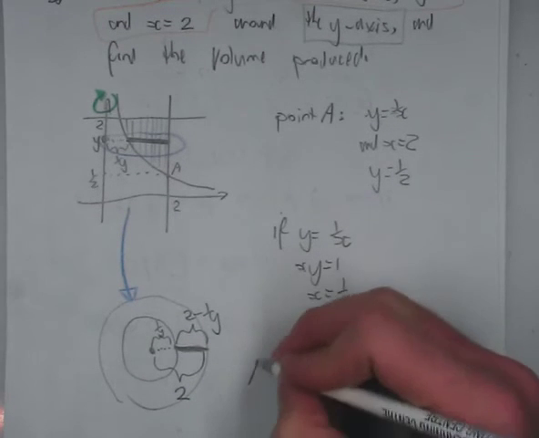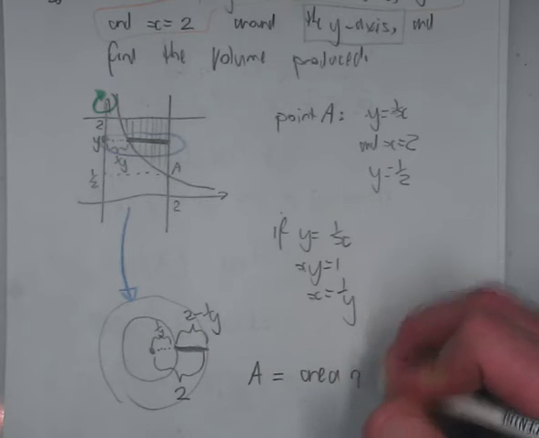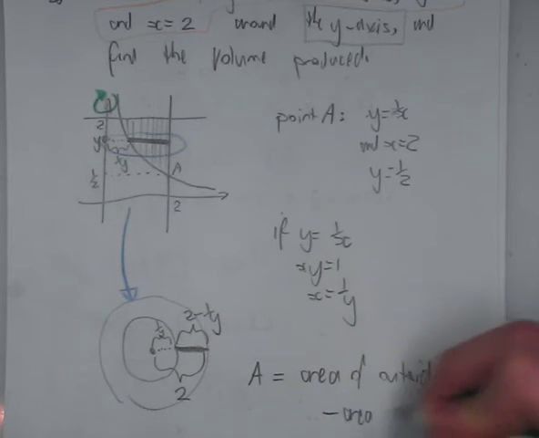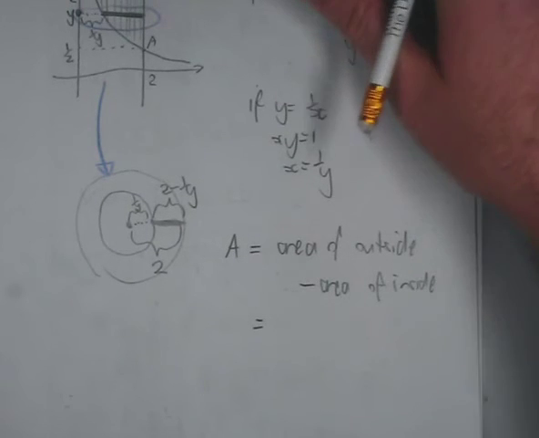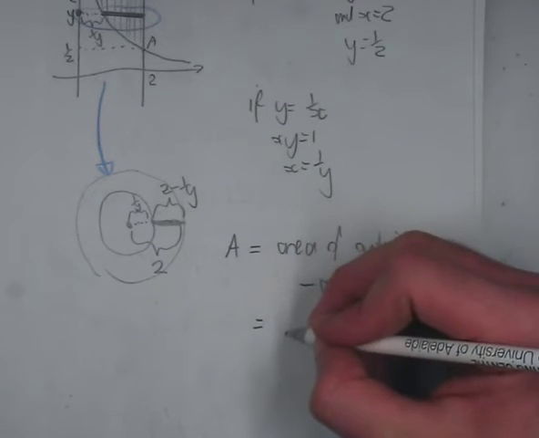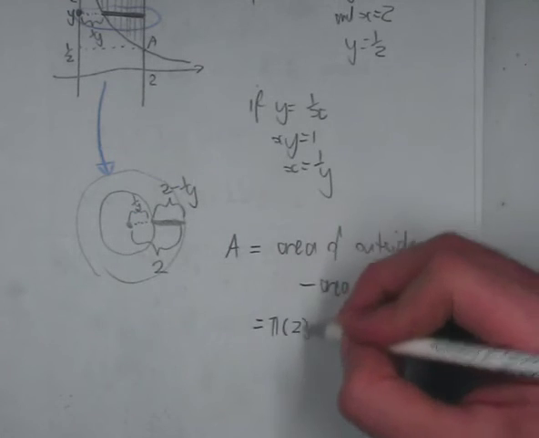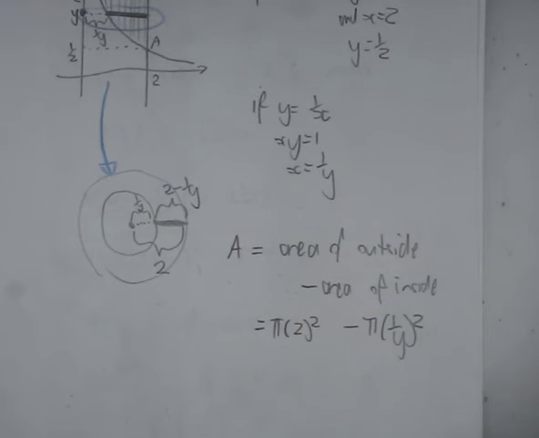So my area is the area of the outside minus the area of the inside, and that would be pi times 2 squared minus pi times 1 over y squared.